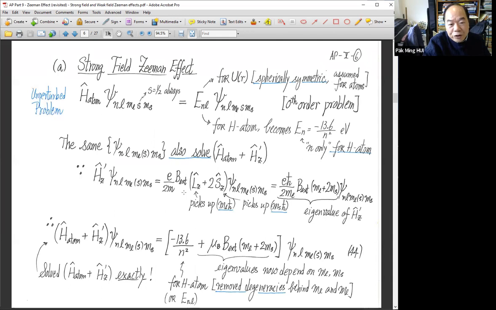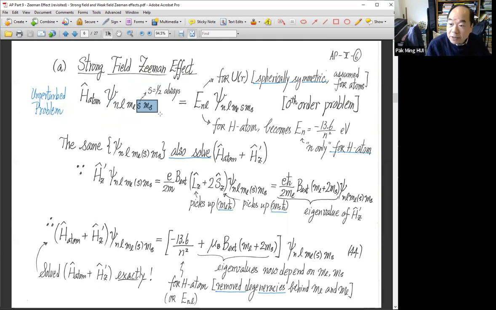So let's start with the strong field Zeeman effect. What is the unperturbed problem? It is the hydrogen atom or any atom problem. You solved it before. So very formally, this is the part you solve. Quantum number n, principal n, and then you have L, ML as Y_L^M(theta, phi), the angular part of your wave function. The last two indices are the spin of the electron.